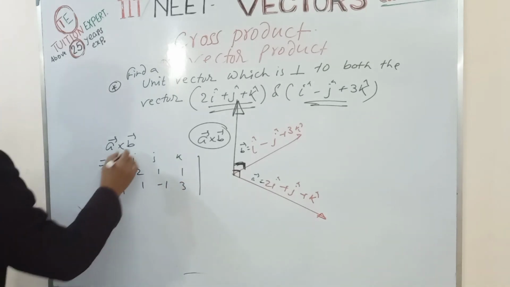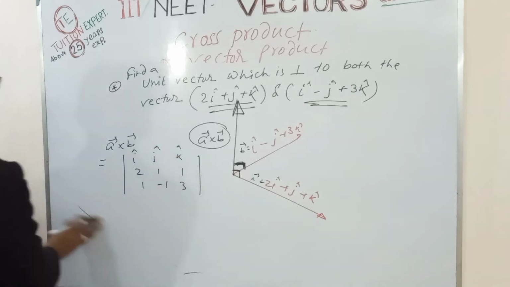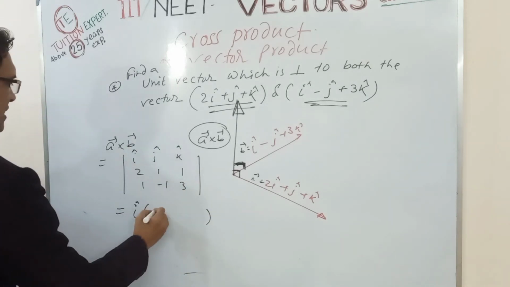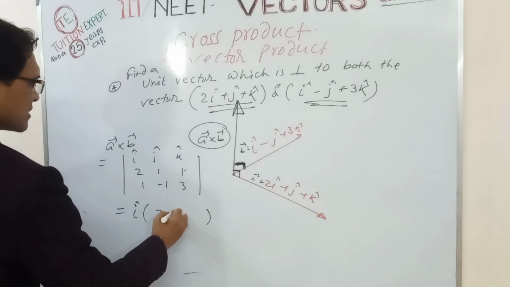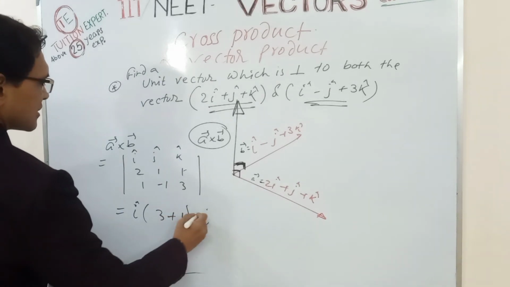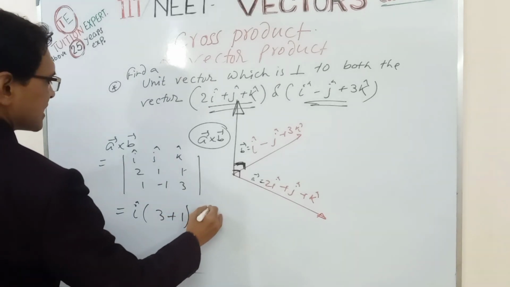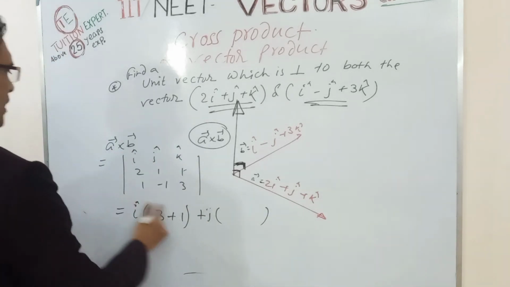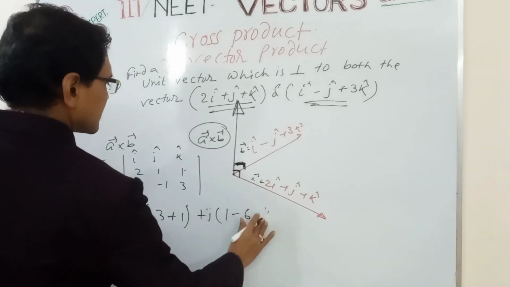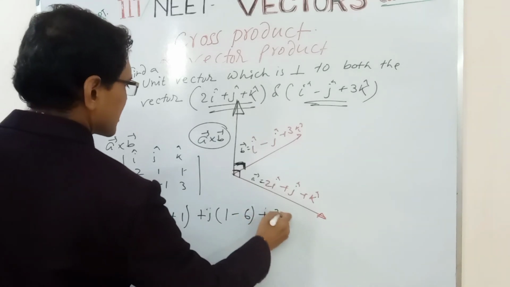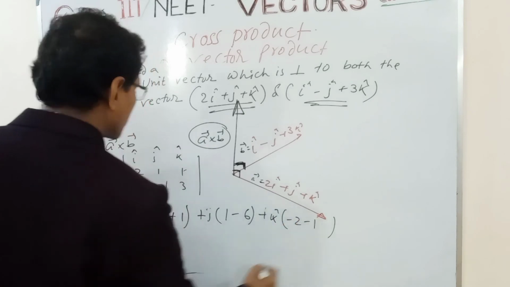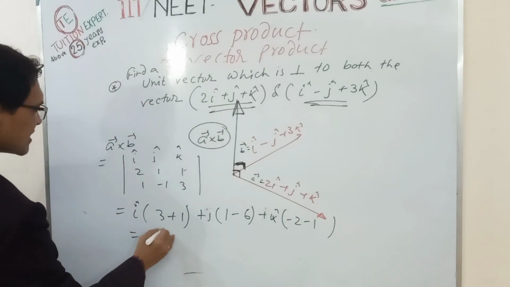In this way a cross b becomes i into 3 minus this into this, plus j into 1 into 1 minus 6, minus 2 minus 1, so 4i.